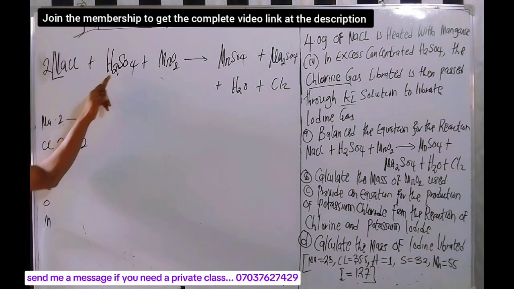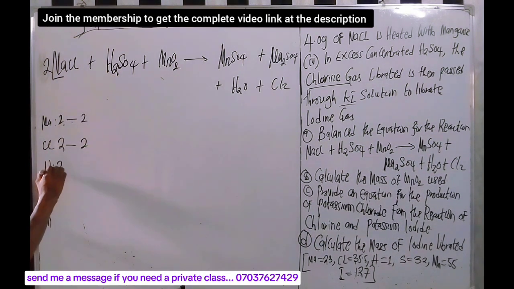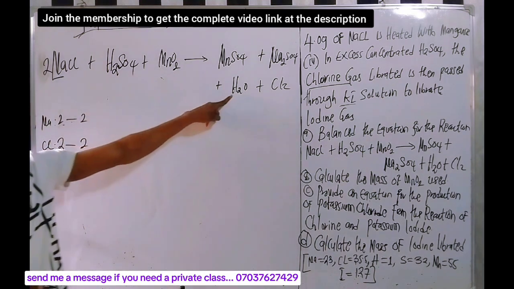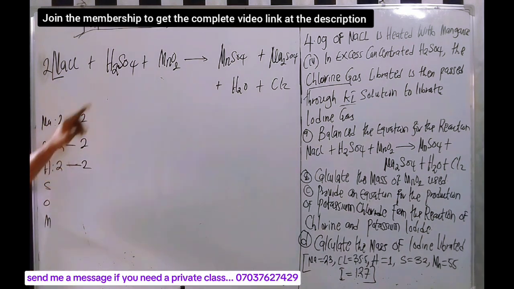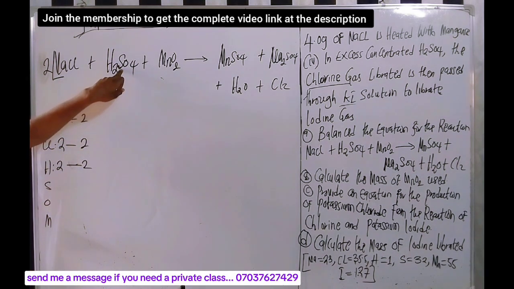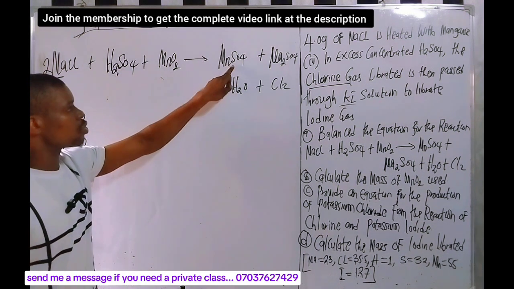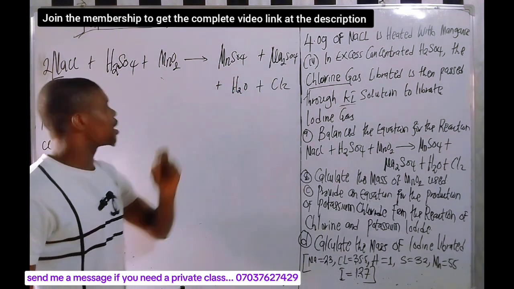Hydrogen. H2 here, how many do you have on the other side? Here we have 2. So it is balanced, right? Sulfur. How many sulfur do you have here? Here we have 1 sulfur, and on the product side two sulfur, 1 here and 1 here. Do you see that?